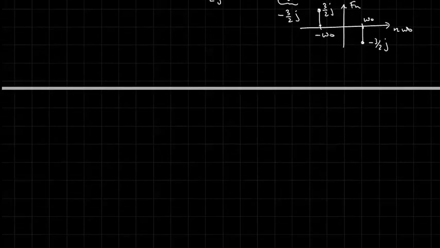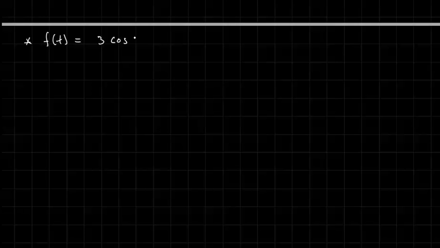Okay, now let's consider yet another example. What if we had f of t is equal to 3 cosine omega naught t plus 3 sine omega naught t?